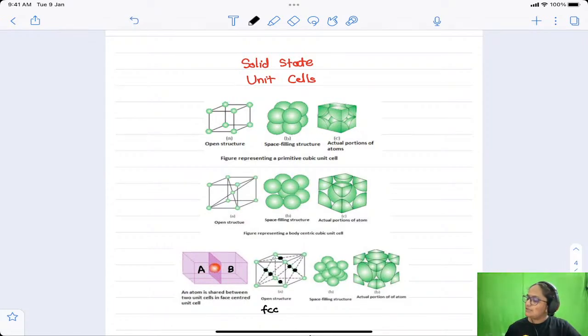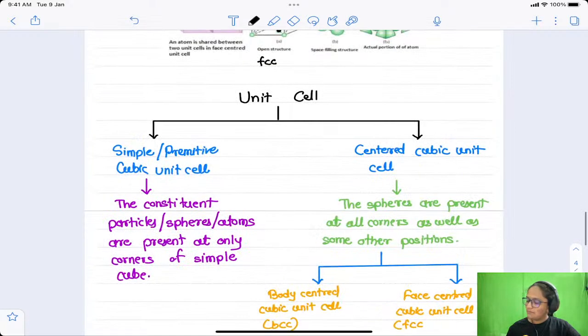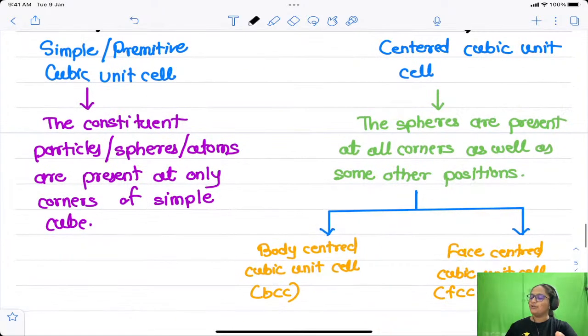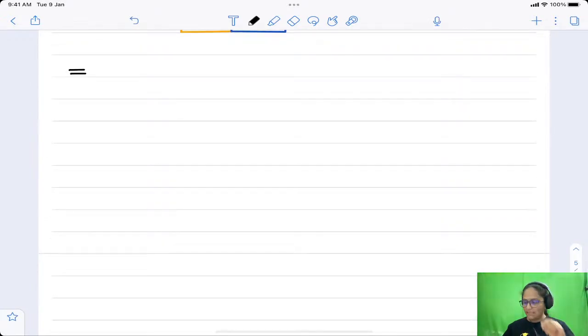Now take a screenshot of this part also. Now we are going to see the contribution part, and how the number of atoms per unit cell is calculated. That part we are going to see. So the next concept is the number of atoms per unit cell.